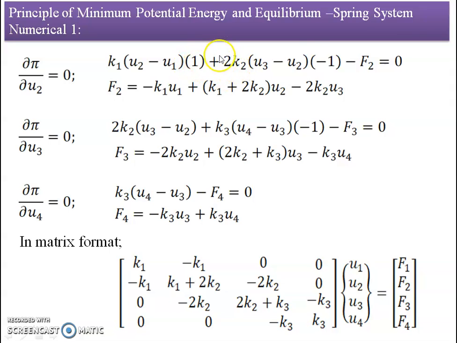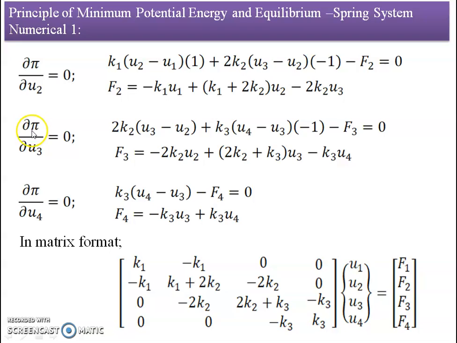Plus, twice 1/2, 2 by 2 gets cancelled: 2 K2 (u3 minus u2) into minus 1, because u2 possesses a negative sign here, minus F2. The displacement becomes constant here. That's why the resultant equation is F2 equals minus K1 u1 plus (K1 plus 2 K2) u2 minus 2 K2 u3.